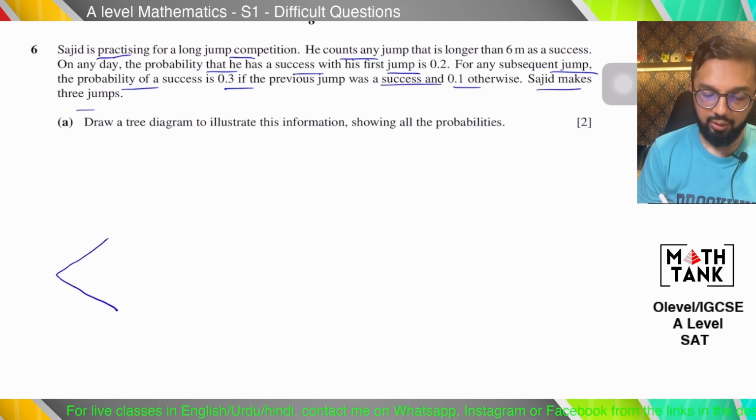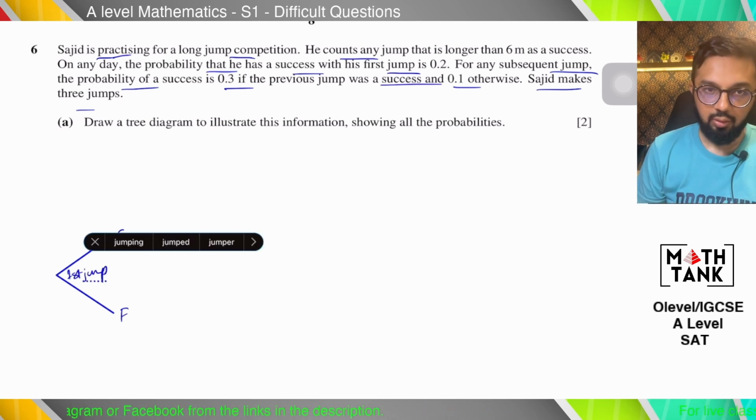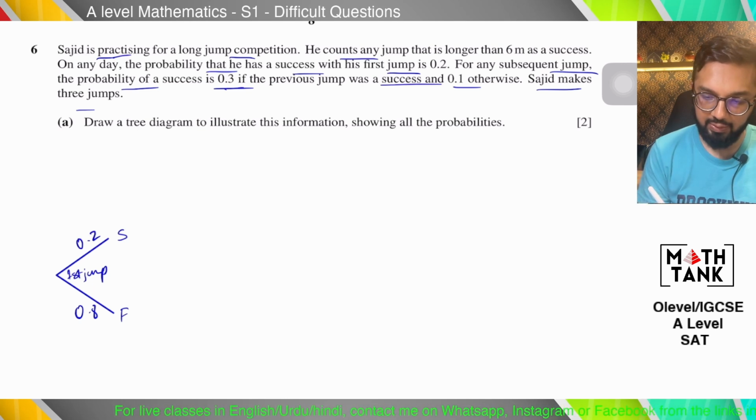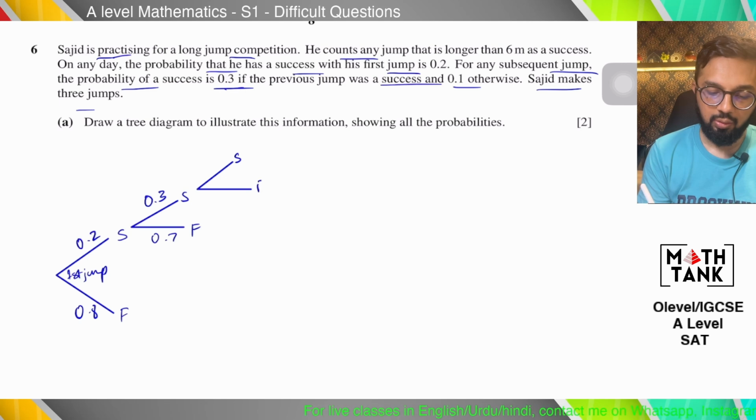Okay, so a tree diagram. Success, failure, that's the first jump. 0.2 and 0.8. For any subsequent jump, the probability of success is 0.3 if the previous jump was a success and 0.1 otherwise. And 0.7. Let's first draw this. That's when all jumps have been successful.